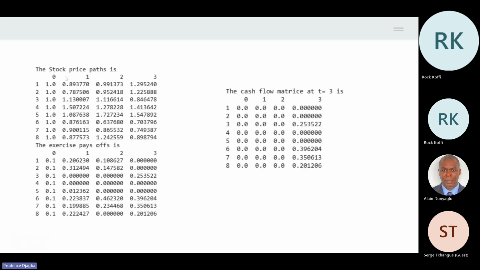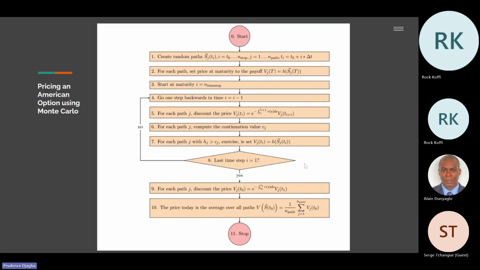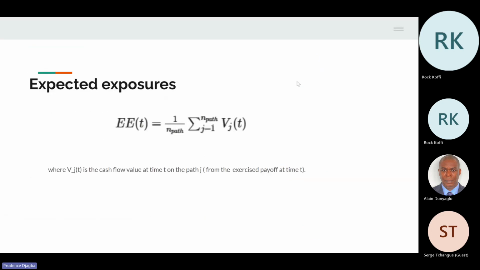The stock price matrix is what is given here, and the exercise payoff is given by these matrices. Now we start the algorithm. The algorithm says that initially we need to start at the maturity, t equal to 3, which is step 2. At the maturity, we just consider the value from the payoff that we just evaluated.